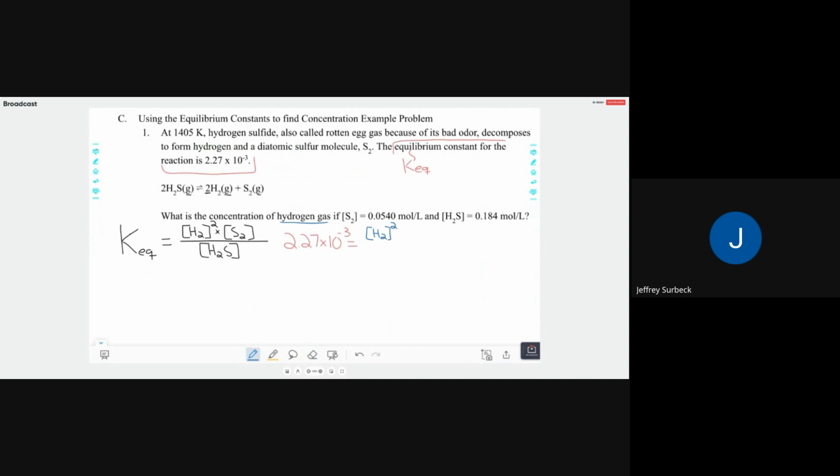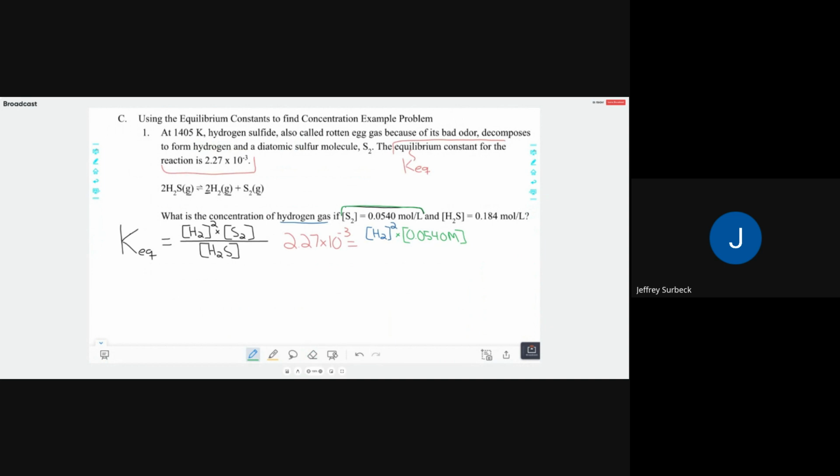Now, we keep moving on here. I'm going to use a different color. And we are going to talk about, okay, now our sulfur, S2, is given at 0.054, okay? And so 0.054 is what we're going to say, hey, times our 0.0540, and technically this would be moles per liter, which is molarity.